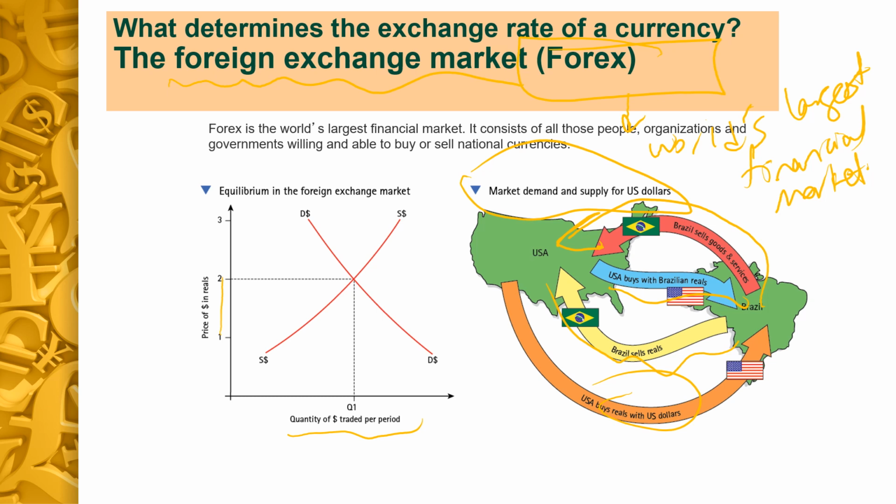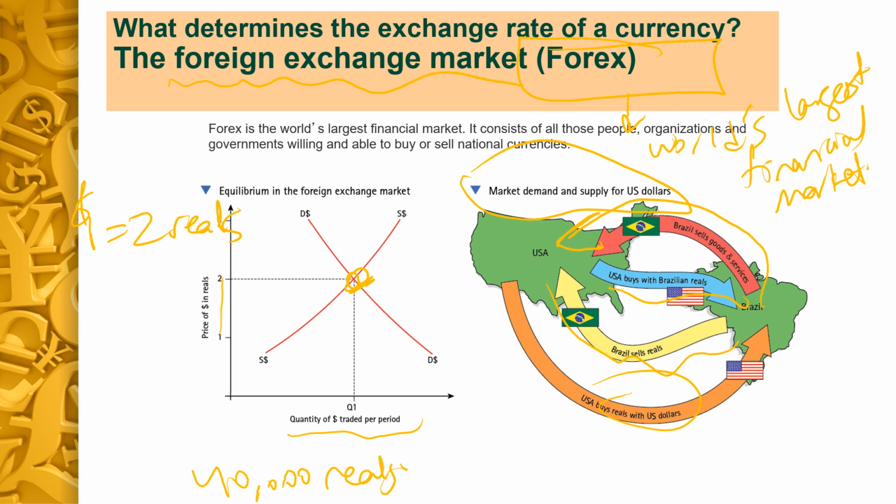According to my graph here, $1 is equal to 2 reals. This is my equilibrium point. If a Brazilian consumer imports a car from a US manufacturer priced at $20,000, the equilibrium price in Brazil will be 40,000 reals.